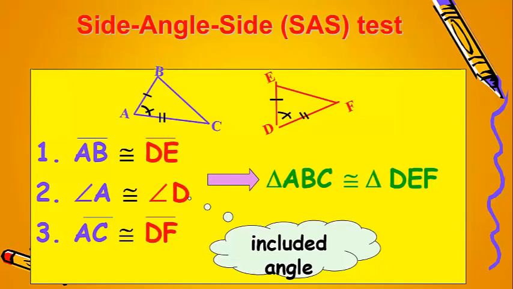Look at the identical marks: AB is congruent to DE, angle A is congruent to angle D, and side AC is congruent to DF. Between AB and AC there is angle A. Similarly, between DE and DF there is angle D. So for an included angle, the test becomes side angle side.